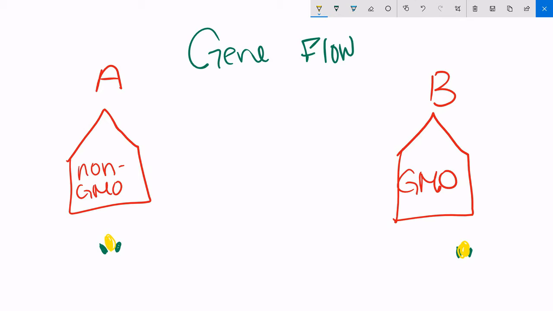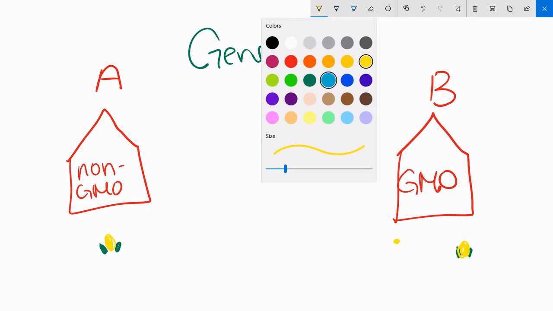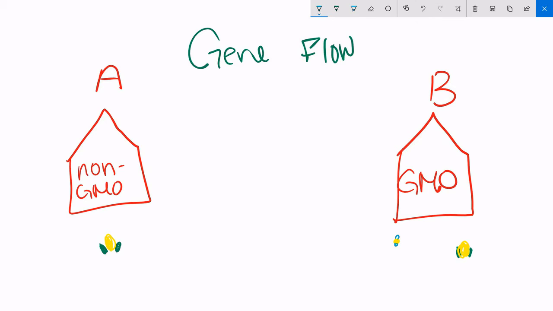So let's say we have a little bee. Now this bee will pollinate these corn plants.